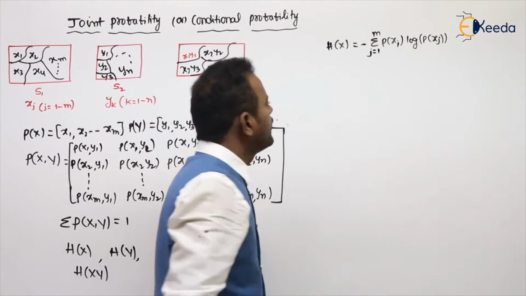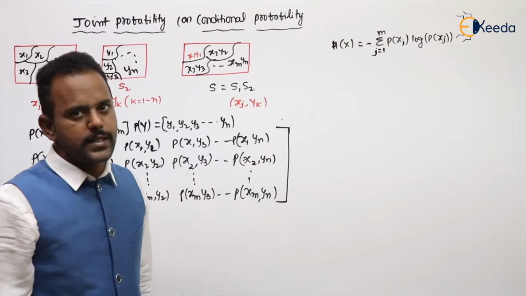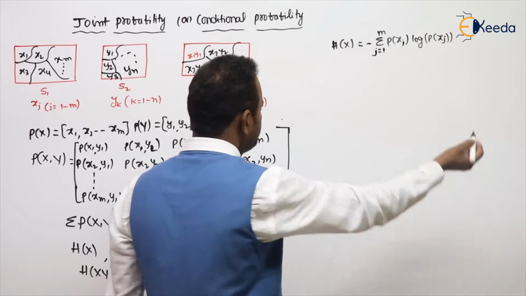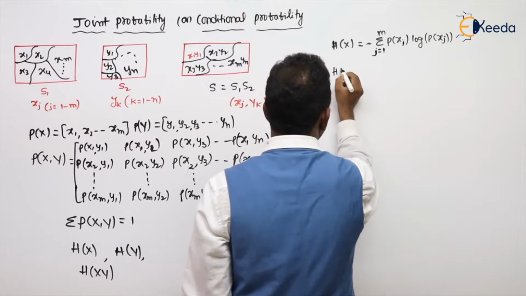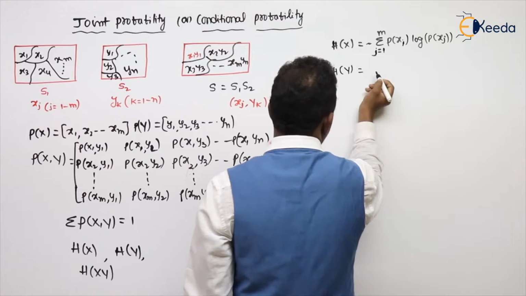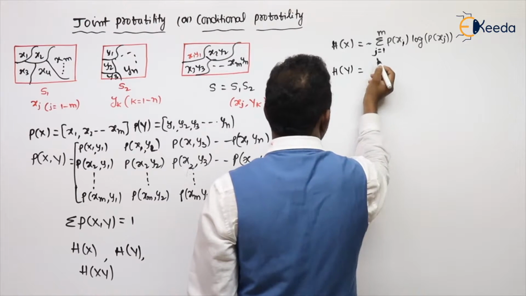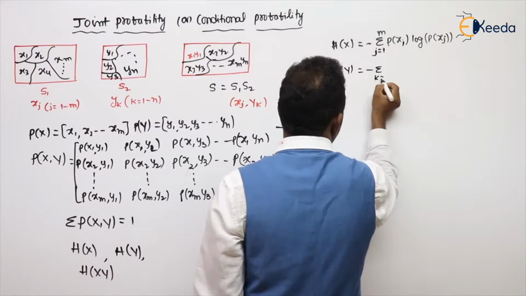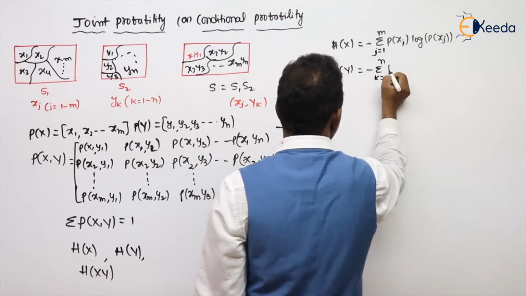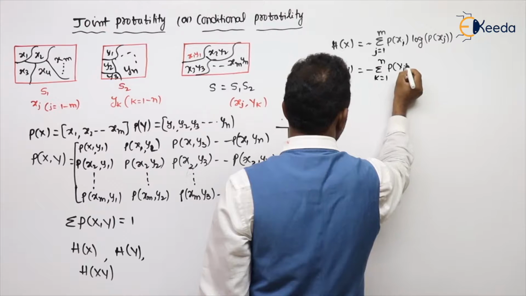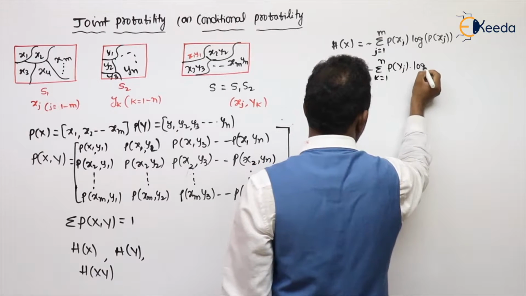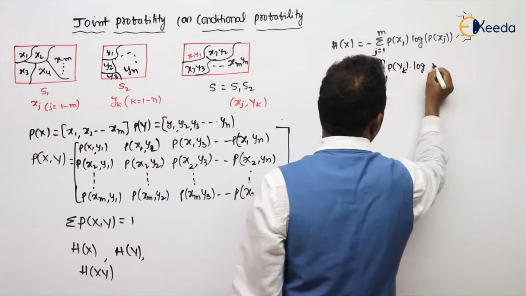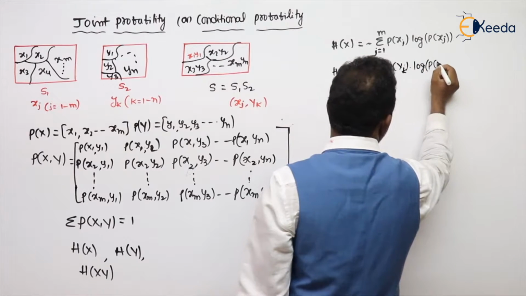This is the average information per symbol at the transmitter. X means transmission side. What is H of y? H of y is nothing but minus summation k equal to 1 to n, P of yk into log P of yk.